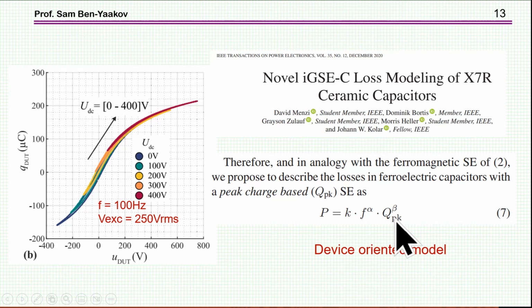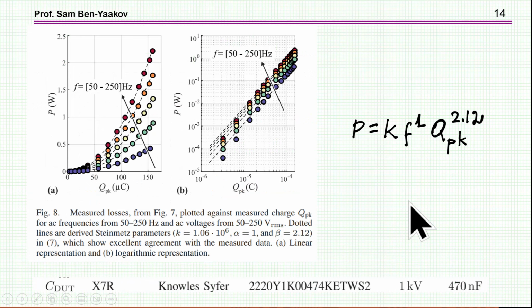So you can actually extract from measurement these constants to describe the losses of the capacitor, but in this case at relatively high current levels.